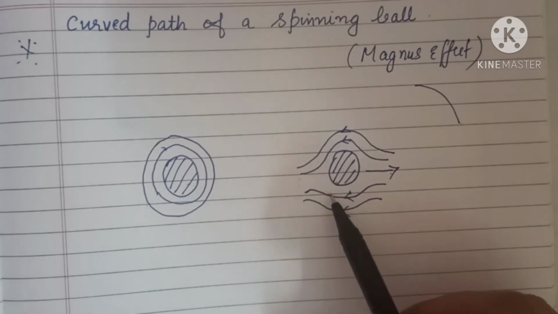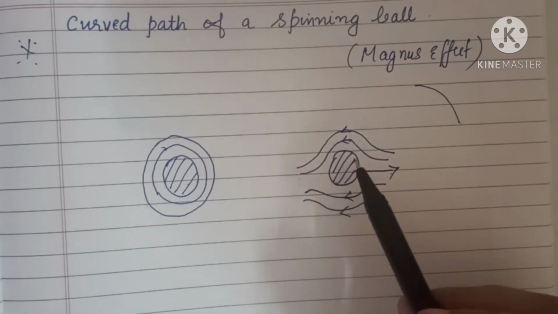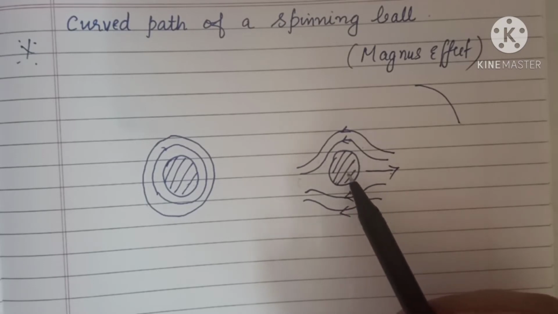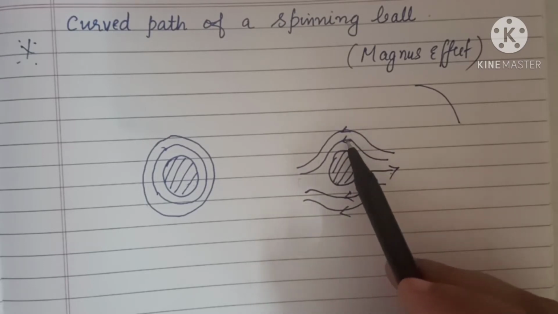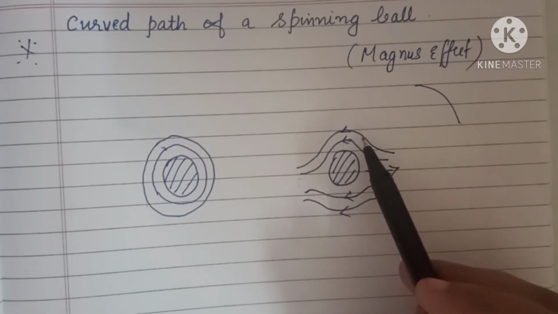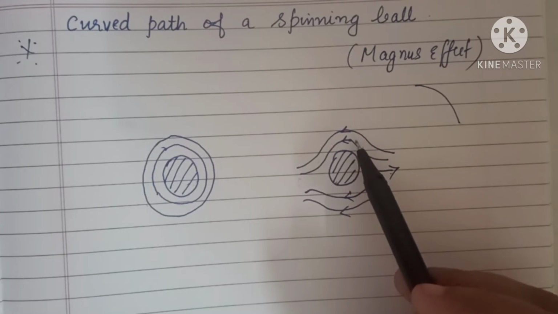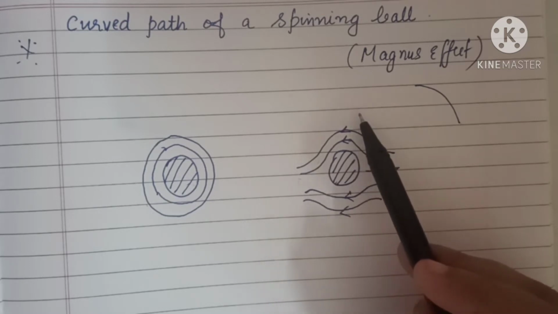Clear? Now the layer above the ball moves in a direction opposite to that of the spinning ball. So what will happen? Here the velocity will decrease, isn't it? There is a decrease in the velocity, and as a result the pressure increases upward.